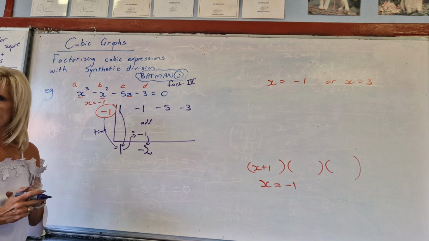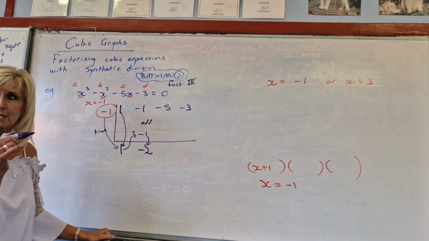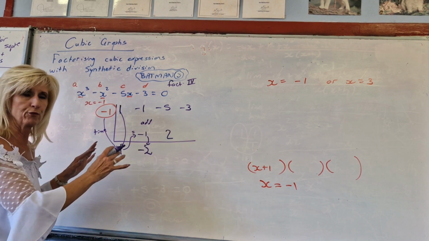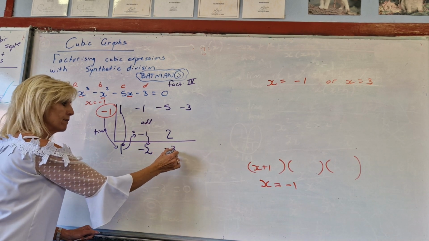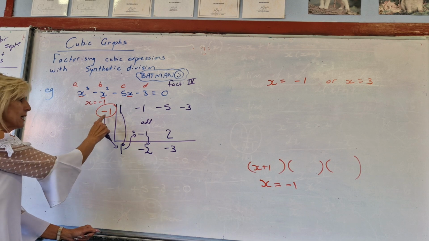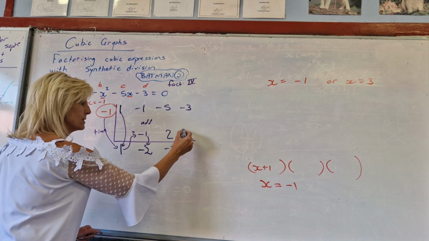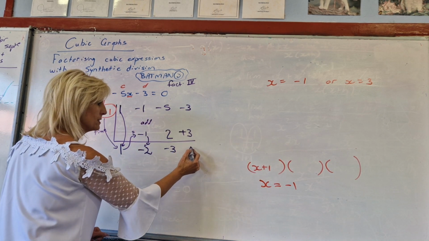Then you repeat. -1 times -1 is +1, which you put there again. I'm not going to scratch the whole thing for you. And then you add, and you get -3. Then you take -1 times -3 again, and you get +3. And then you add again. Now what's the answer? 0.